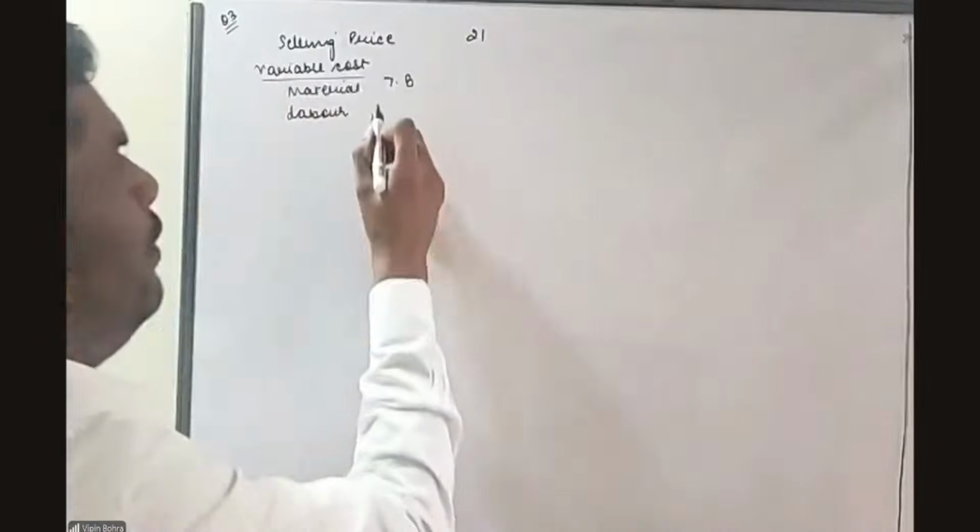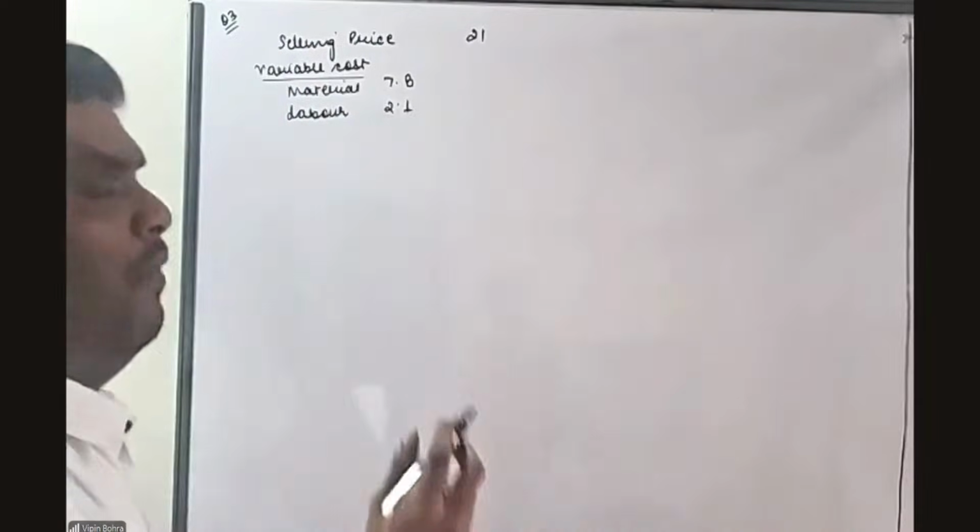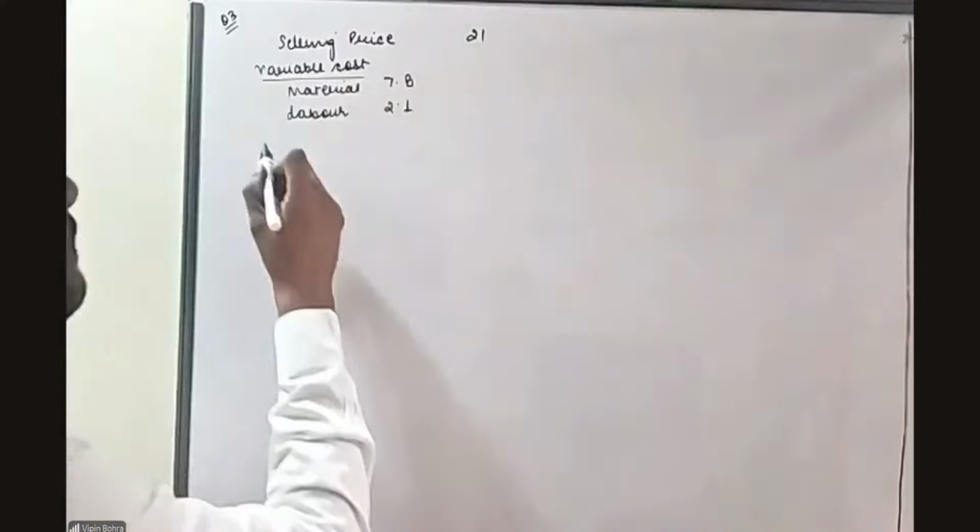Labor cost is 2.1. Variable overheads are 2.5.